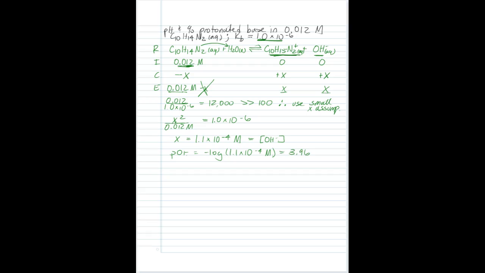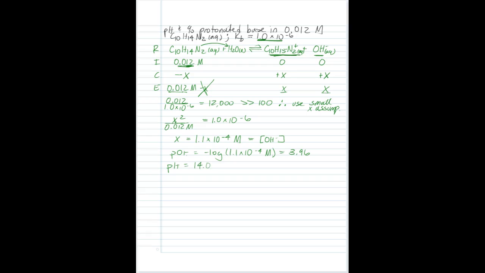Okay, so we know that this is basic because it has a low pOH, which would mean it would have a relatively high pH. And remember that all you do when you're transforming between pOH and pH is you're assuming that you're at 25 degrees Celsius. You can always make that assumption unless you're told otherwise, in which case those two values add up to 14. So all we have to do is say pH equals 14, minus 3.96.